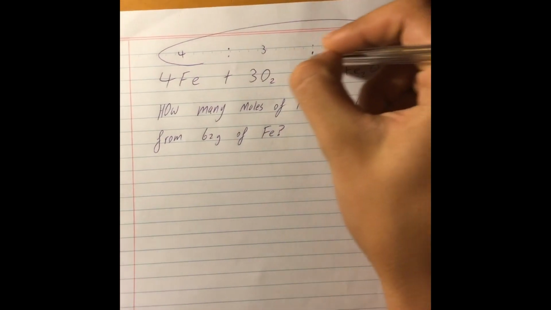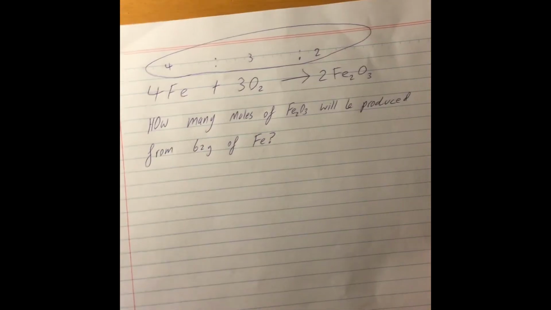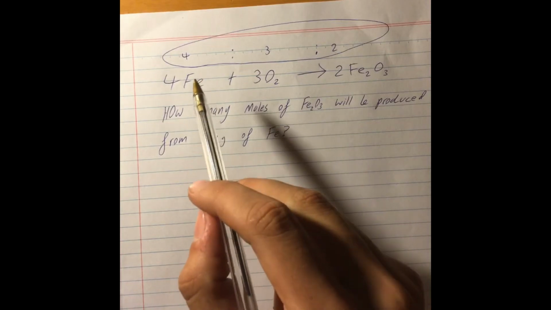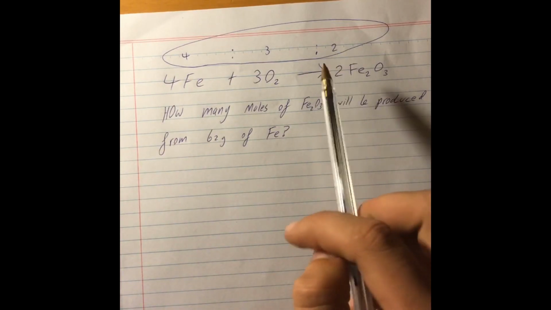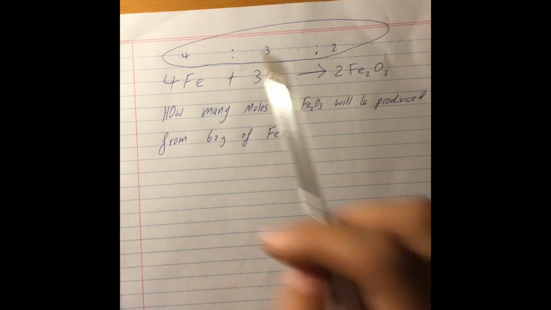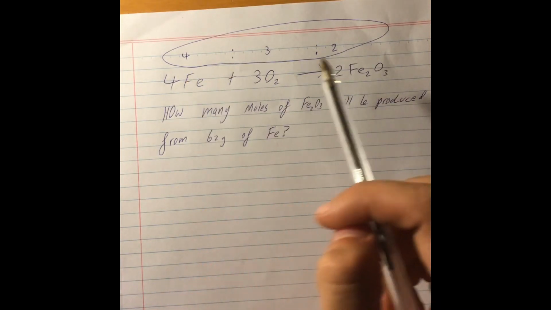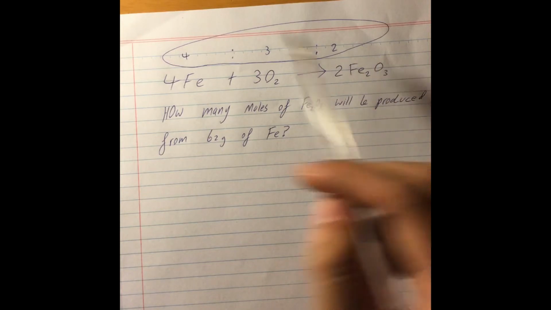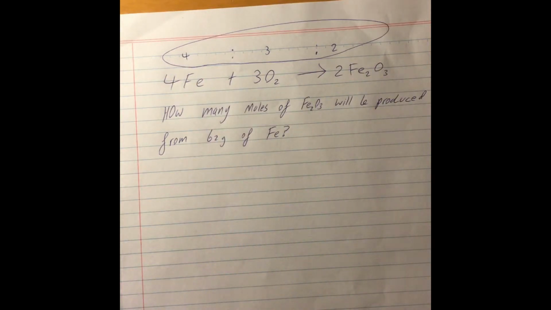This molar ratio is very important because it tells us if I have this many moles of this, I will need this many moles of that, and I will have this many produced. We need double the iron to produce iron oxide, so there's going to be half as many moles of iron oxide produced as moles of iron. So basically, this is very important.